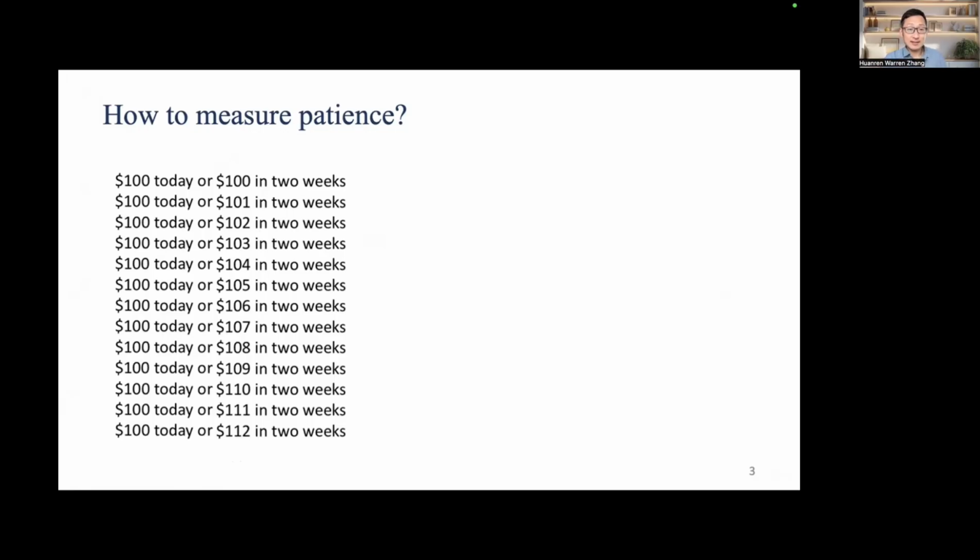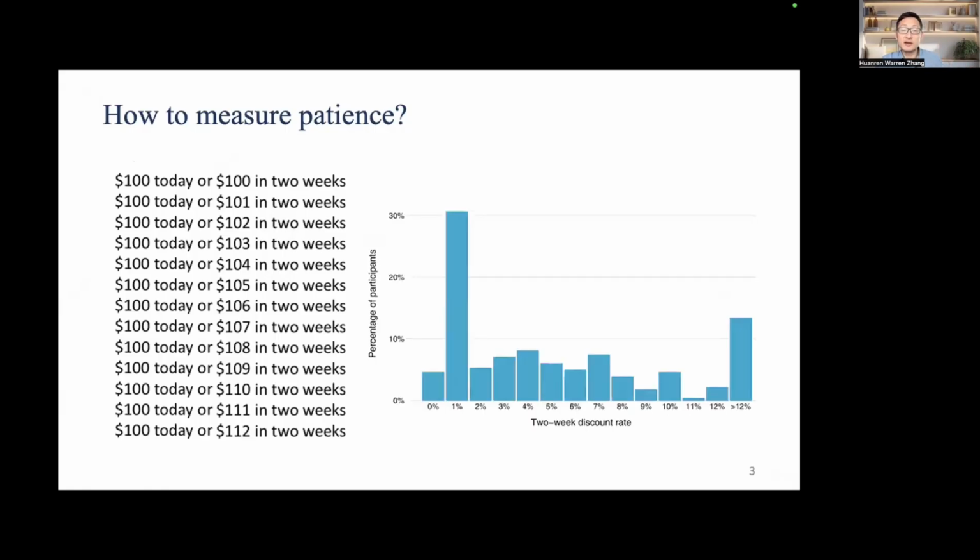So the later that people are willing to switch, the less patient they are. The earlier people switch to the right, the more patient they are. So if you switch in the second row, you are willing to wait to get one additional dollar for 2 weeks compared to $100. By investigating the point where people switch from left to right, we can have a measure and understanding of their level of patience.